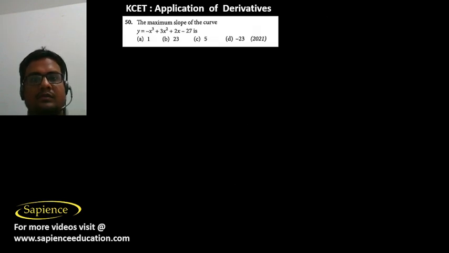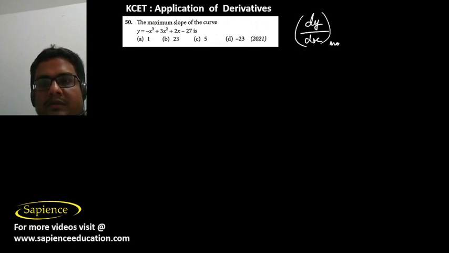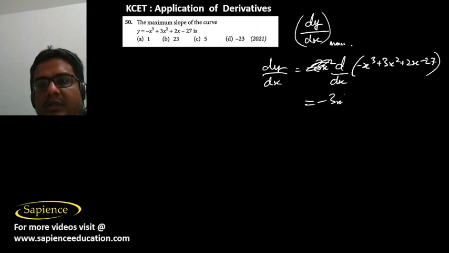Then in question number 50, it is told the maximum slope of the curve. That means we have to find the maximum value of dy by dx. So dy by dx here, let's say, is minus 3x square plus 6x plus 2.